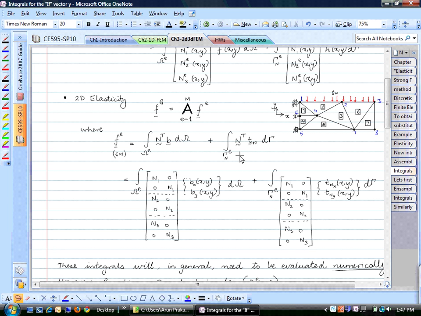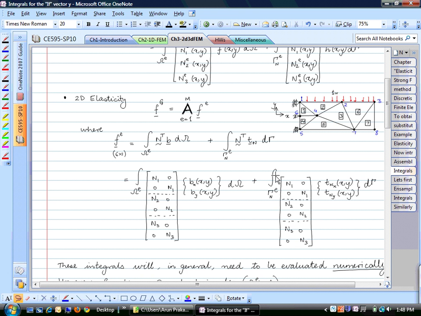So on the boundary term, we again have the same N transpose matrix, but here we have a traction. This is also a traction vector that is acting on this edge. Now this traction, the way I have shown it, is again acting in the negative y direction. So the way I have shown here, this Tn in the x component would be 0, and this component would be minus the value of this traction, okay?